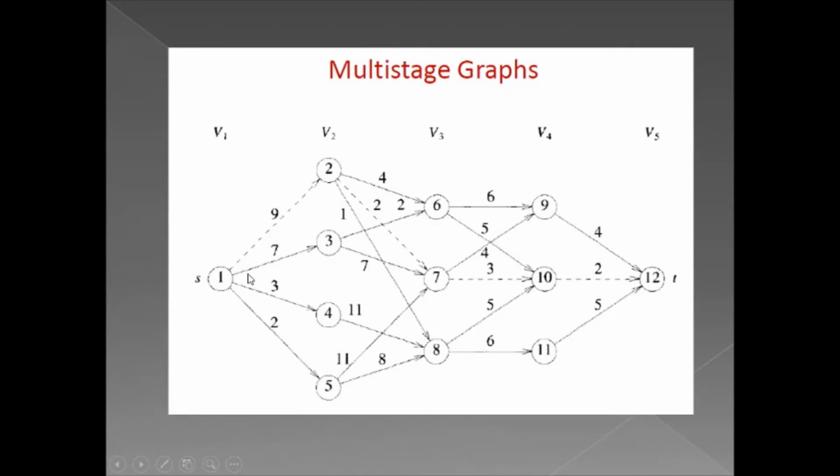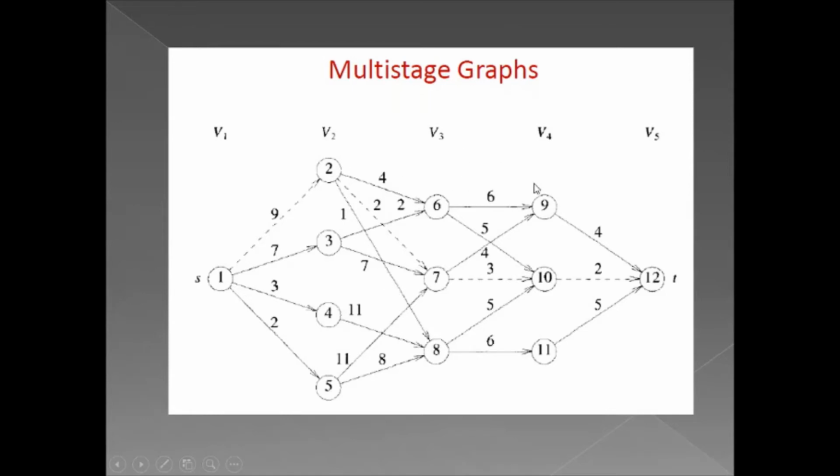Here we can observe that there is an edge from a vertex in the current stage to the next stage. We are not going to find any edges between the vertices of the same stage, or from the current stage to the previous stage. There is an edge only from the current stage to the next stage.